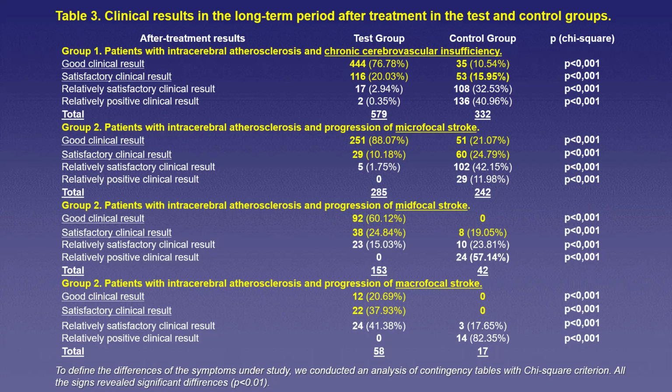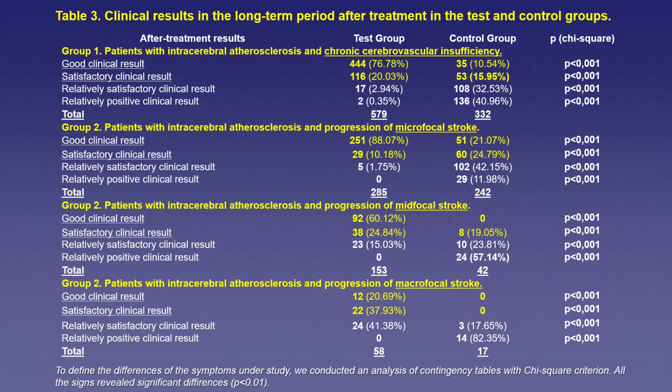Satisfactory clinical results for group 1 for the test group were produced in 20% of patients and in 15% of control group patients. For group 2, which were the patients with intracerebral atherosclerosis and progression of microfocal stroke, good clinical results were shown in the test group for 88% of patients and for the control group only in 21% of patients. Satisfactory clinical results were shown in 10% of test group patients and 24% of control group patients.